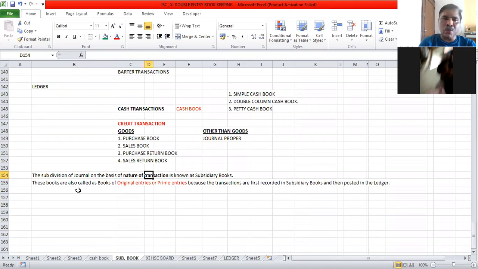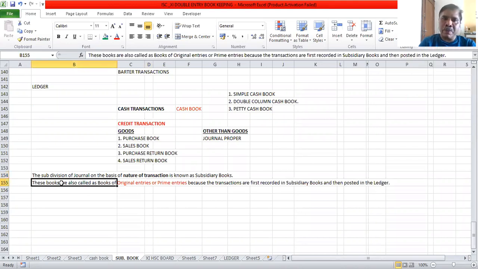Means the company that maintains subsidiary books will not maintain the journal again, because the subsidiary book is the subdivision of the journal. So that is a prime entry, because transactions are first recorded in the subsidiary book and then posted into the ledger. Means from here also it will go to the ledger.